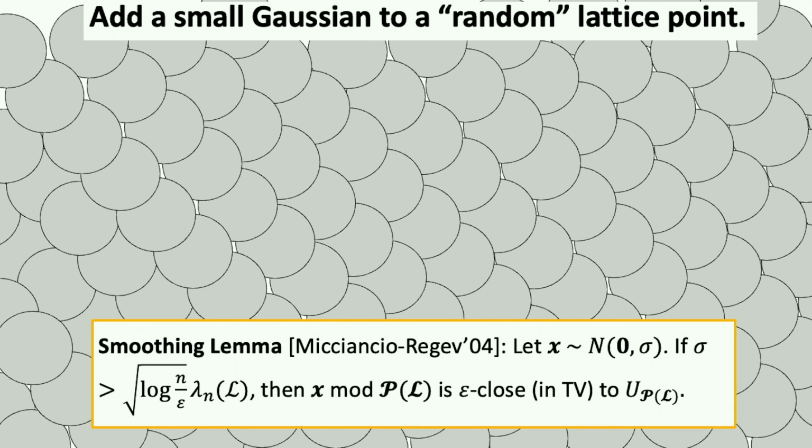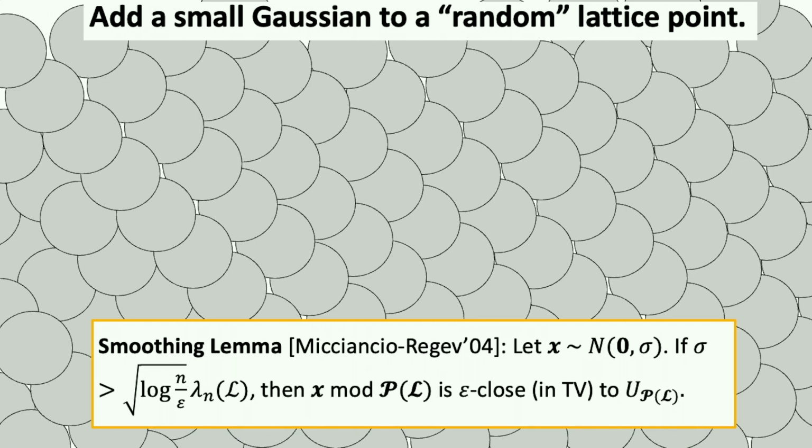You choose x from a Gaussian. If the parameter is bigger than lambda n, the nth shortest vector of the lattice, times a factor which is essentially root log n over epsilon, then the resulting distribution is epsilon close in variation distance to uniform. Or, more honestly, there's no notion of choosing a random lattice point.